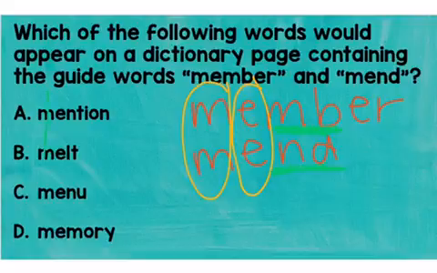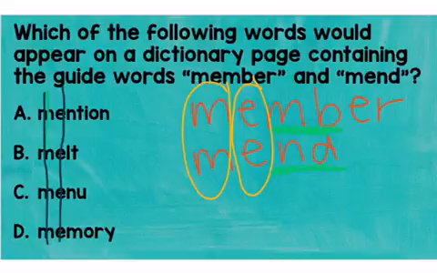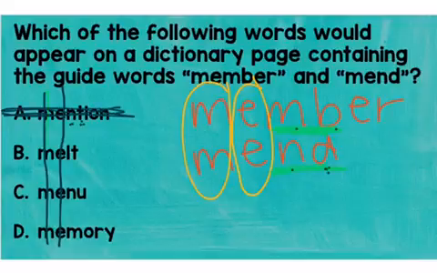So I'm going to get rid of all the M's and all of the E's. Does NT come after MB? Yes, it does. Does NT come before ND? No, because D comes before T.